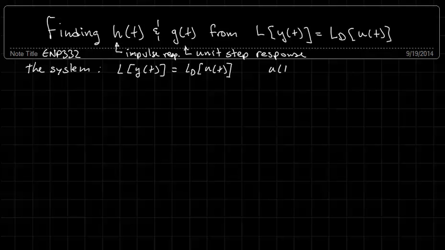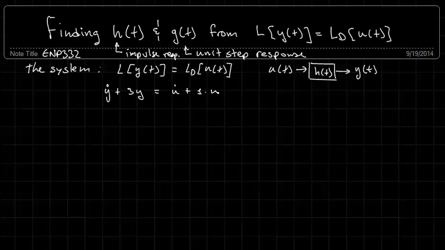And so we'll have a u of t applied to our system, and I'm going to write h of t as the way we're going to describe it. That's what we're after, producing an output y of t. Specifically, the system is y dot plus 3y is equal to u dot plus 1u.